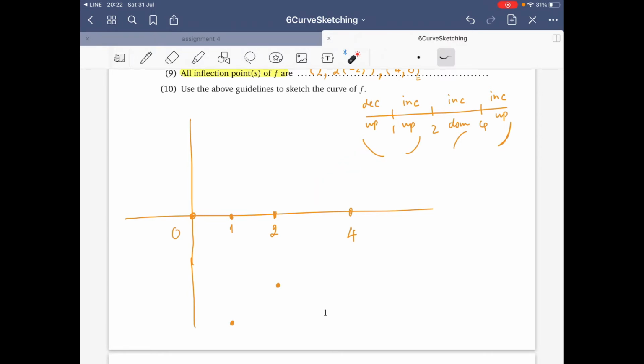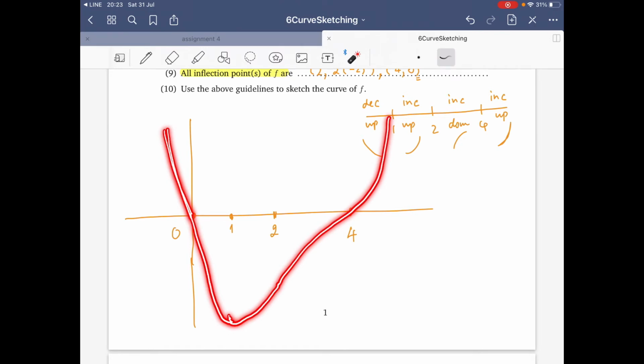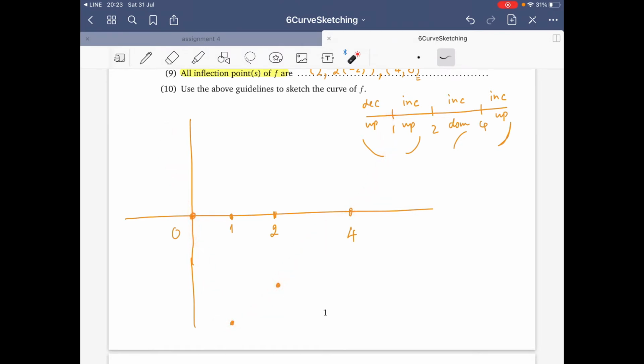So from here, okay, it's going to pass this one, right? And then hit this point, okay, and start going up, okay, and from this one it is starting to go downward a little bit and then going up like that. Are we good? Okay, so the graph or the curve looks like this.